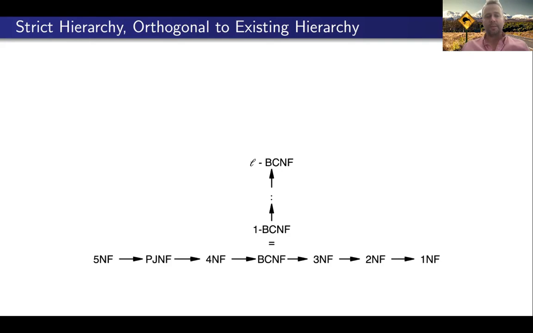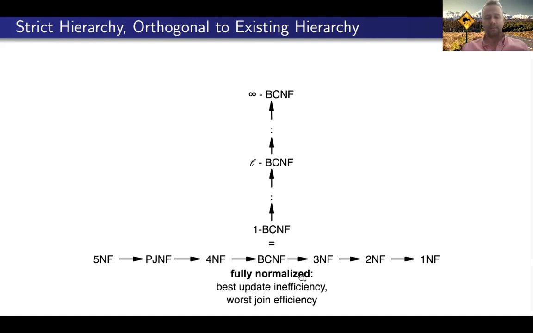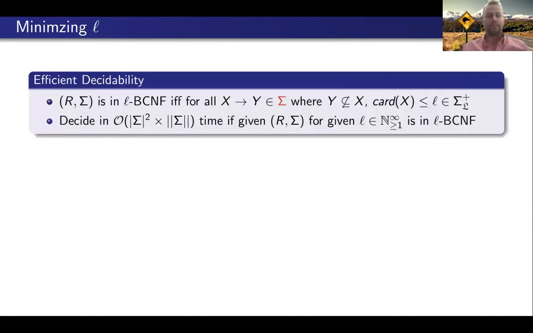This can be extended for any positive integer L and up to even infinity. So we get an orthogonal strict hierarchy. At the bottom, we obtain full normalization with best update efficiency and worst join efficiency, and vice versa at the top: fully denormalized, worst update efficiency and best join efficiency.